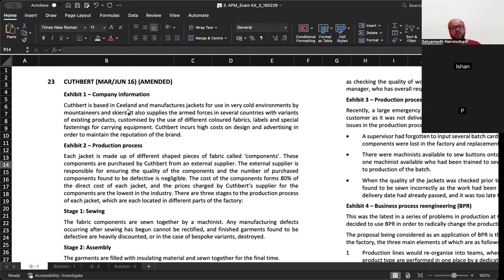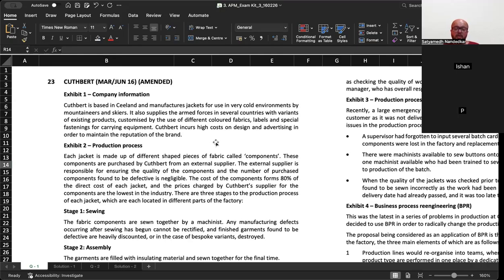exhibits. Cuthbert is based in Sealand and manufactures jackets for use in very cold environments by mountaineers and skiers. It also supplies the armed forces in several countries with variants of existing products customized by the use of different colored fabrics, labels, and special fastenings for carrying equipment.